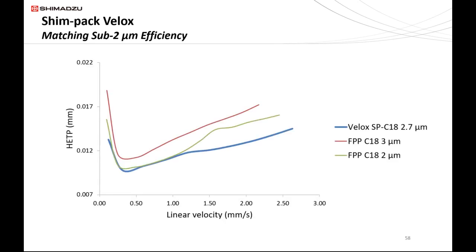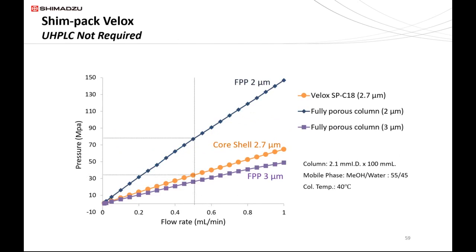If you look at the Van Deemter plot over here, you can see that a 2.7 micron core shell column can reach the efficiency equivalent to that of a 2 micron fully porous particle column. And that is not all. The column back pressure is less than half of that compared to a 2-micron fully porous particle column.